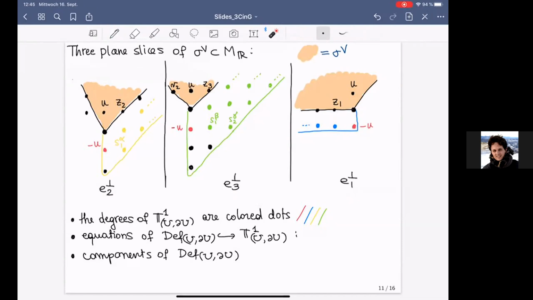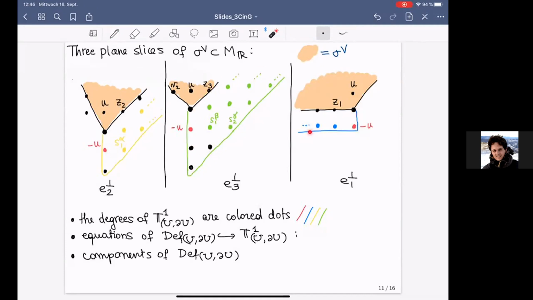Okay. And now let's start from the yellow situation. I consider the point -U, and then I go down by 2 because E2 has lattice length 2, and then I consider this infinite strip in this way. Then here this is the origin. I go down by 3 because the lattice length of E3 is 3, and then I consider this infinite strip, the green one.